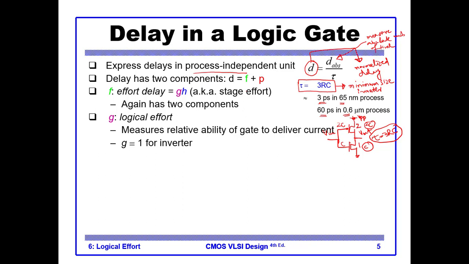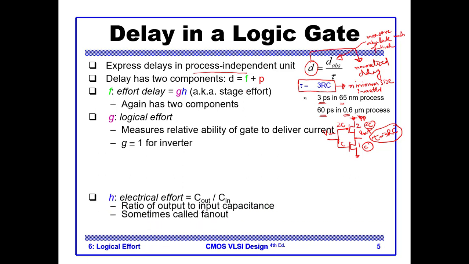What is logical effort? Logical effort is basically the ability of a gate to deliver current. So, for example, for an inverter, G is always 1. An inverter is used basically as a reference. So everything we will compare to an inverter. So inverter is the baseline. That's why the logical effort of inverter is 1.